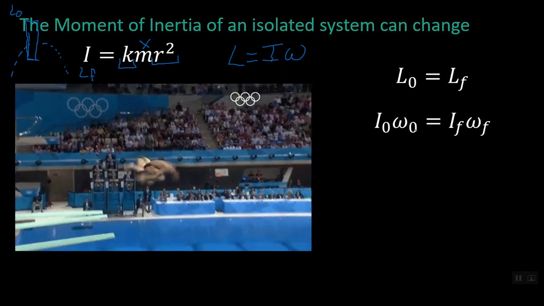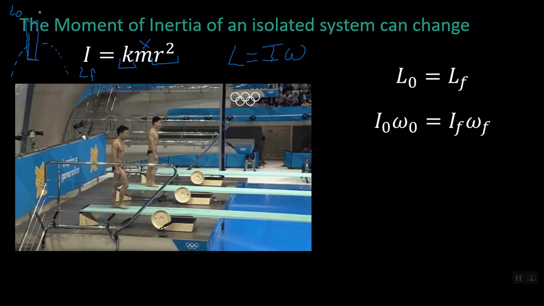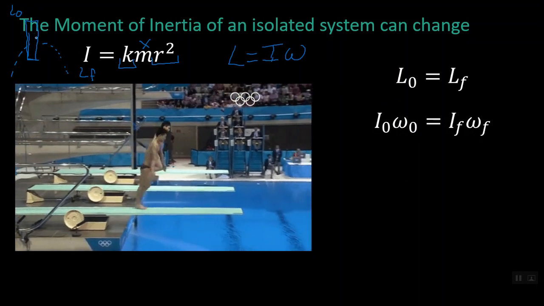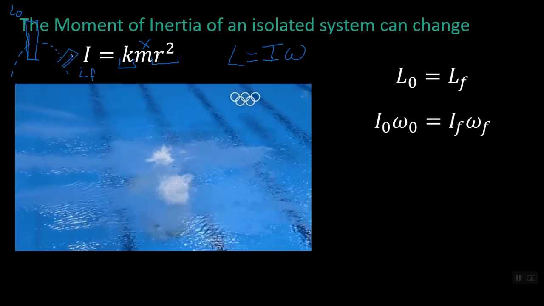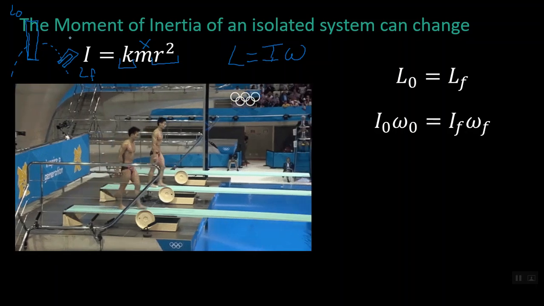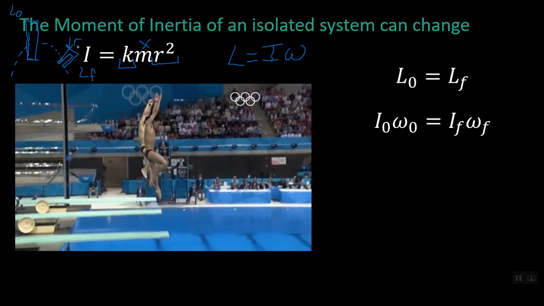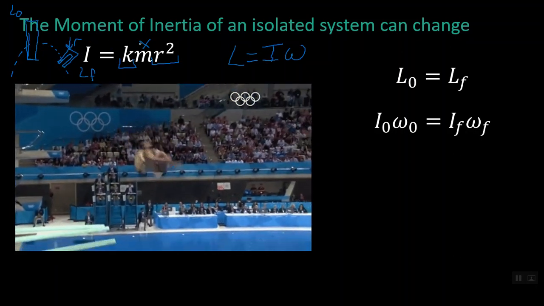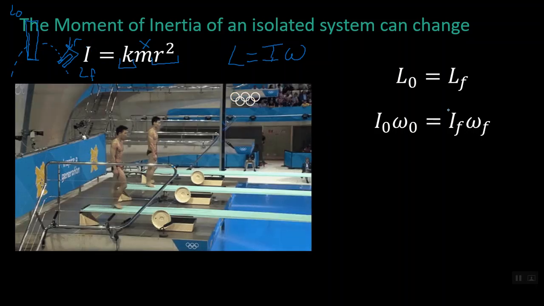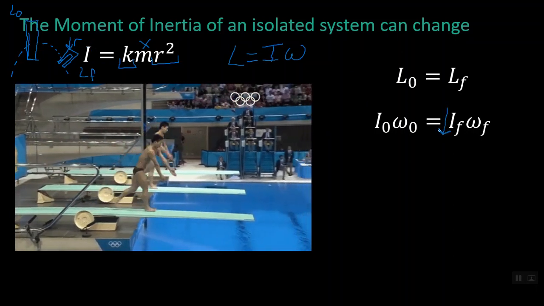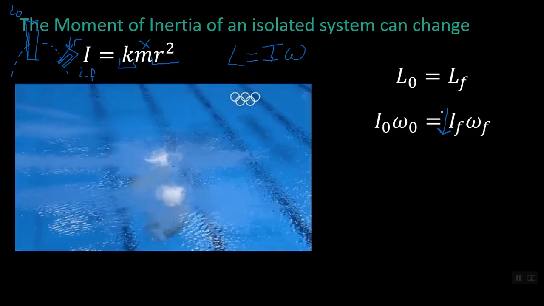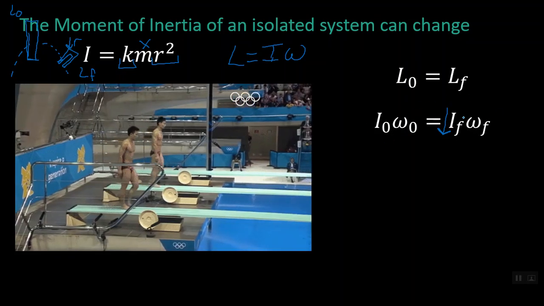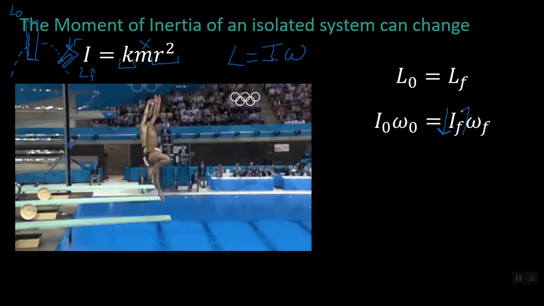And what is going to be interesting is when they begin their dive, what they do is they tuck their body into this really tight position. They essentially decrease their overall radius of their body, which is going to decrease their moment of inertia. So we are going to see a smaller moment of inertia when they tuck their bodies. Now, in order to keep this equation true, if we decrease our moment of inertia, then that means our angular velocity has to increase.